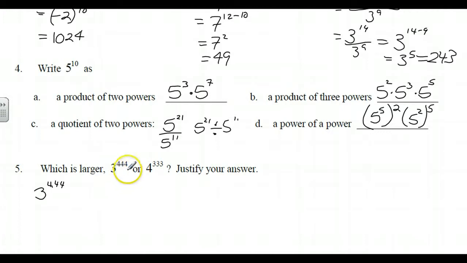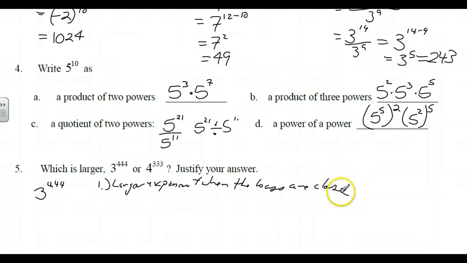So the larger exponent is going to make this difference. Well, actually, that's pretty much the reason. So the larger exponent dominates when the bases are close. And we're going to move on.